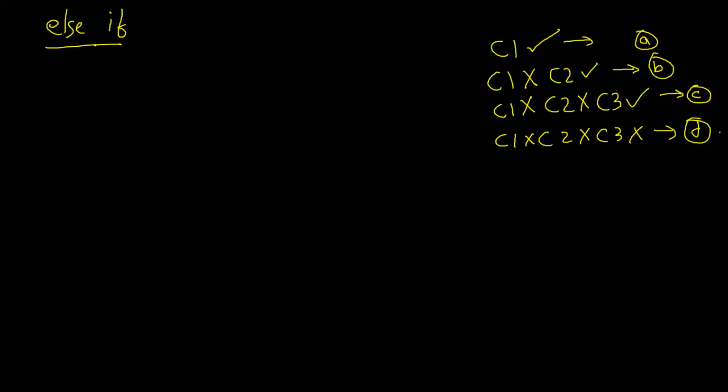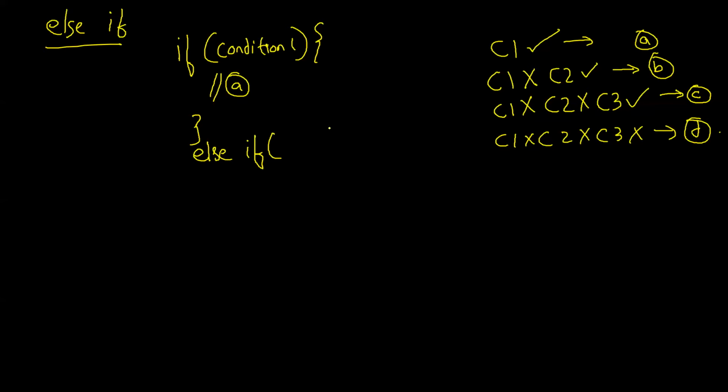So this is where the else if part comes into the picture. How this is done: I'll have an if statement with condition 1, C1. You'll have curly braces and A is the lines of code. Then after that, else if will come. It's not directly else, but else coming with an if statement, that is C2, condition 2.